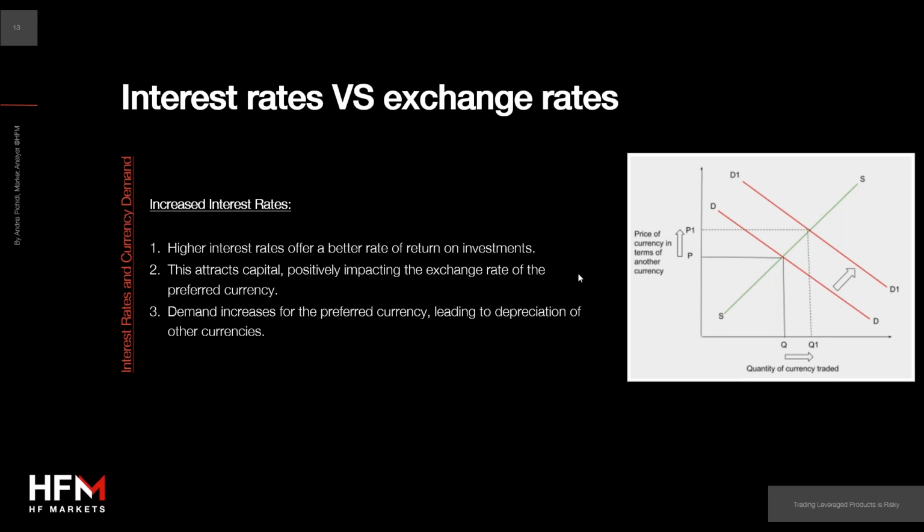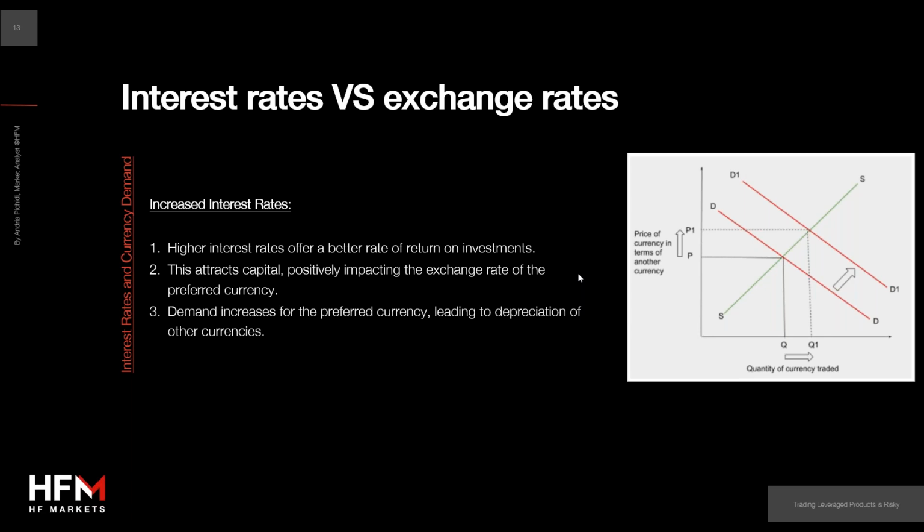So in theory, money will move from currencies in economies with less desirable investment opportunities to a currency with better prospects, like the example that I gave with the Euro and the US, right?